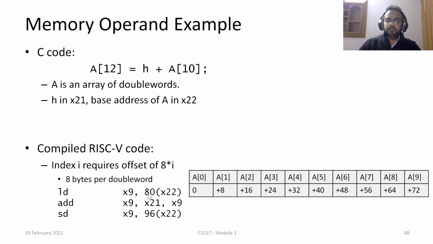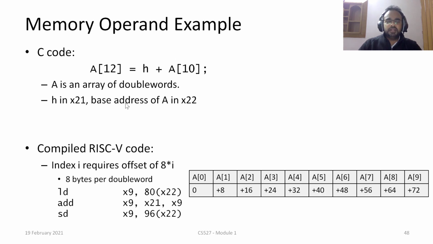This resultant will be sent to the memory because that is the location of A of 10. Whatever value is there in that location will be returned to the register x9. Following that, we have the simple arithmetic instruction add, wherein the destination register is x9, one source register is x21 in which the value of h is stored, and the other source is x9 itself. So we are performing h plus A of 10 here.